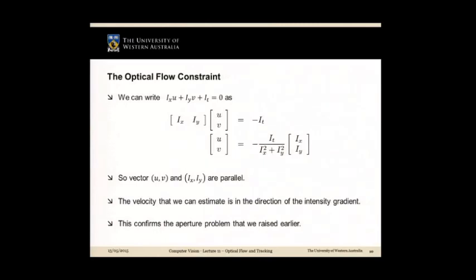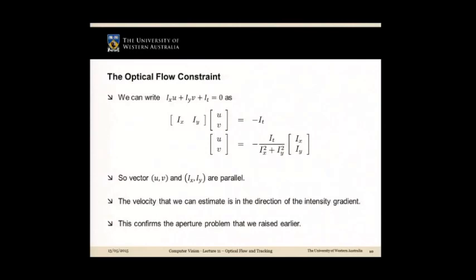If you look at this, you'll see that the vector u v and the vector that consists of Ix and Iy are the same, but there is just a little displacement here, which is represented by this particular expression, right? This is just a value, the gradient values of x, y, and t, right? And you already know these values from your image plane. You can compute that from two different images.